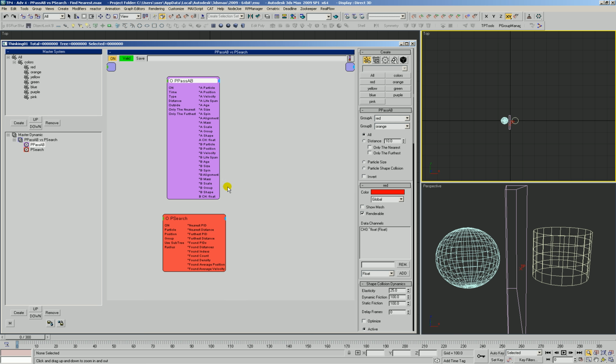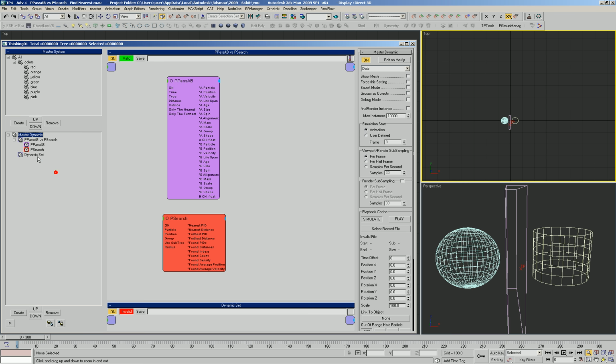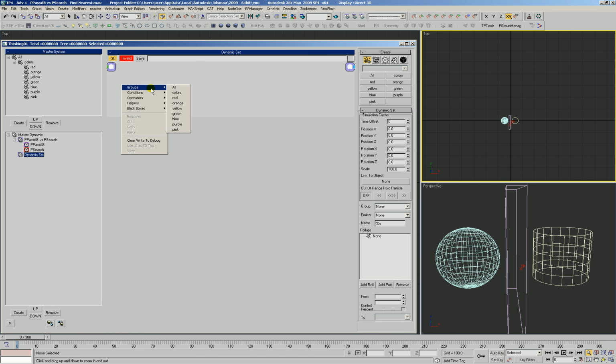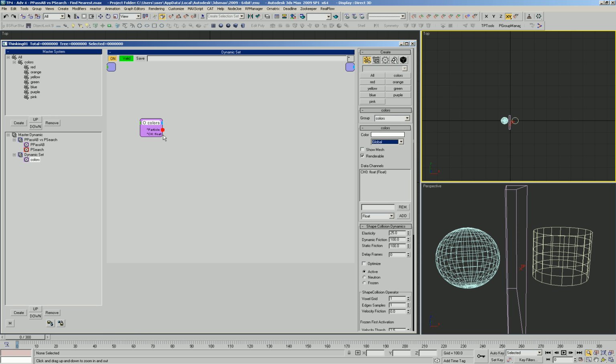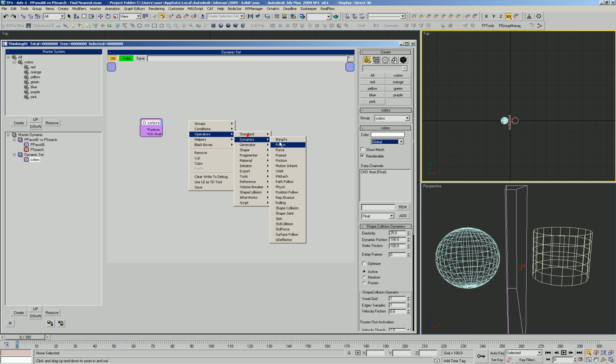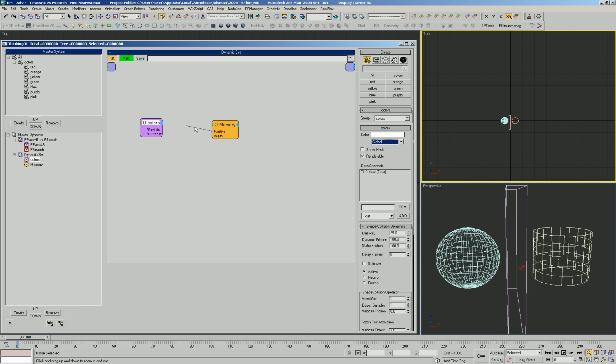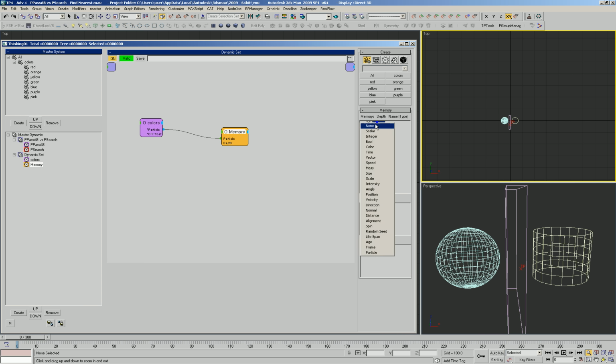Fortunately, there are some ways around this that we usually do, where we'll make a rule where any particle group who has a data channel, we can just set that up and directly feed that into a memory operator.